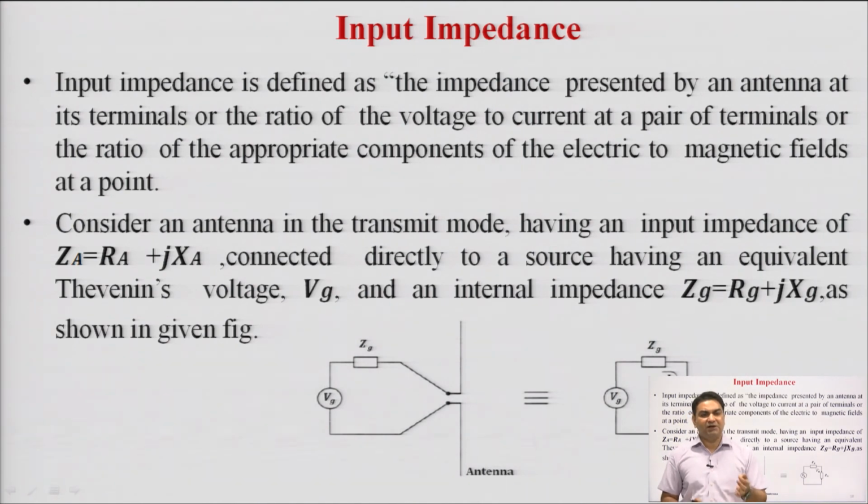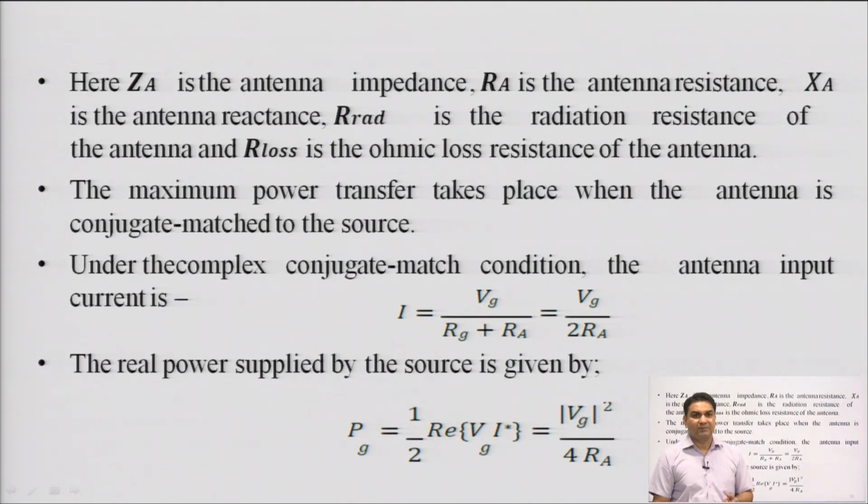Impedance is a factor which is built with two components, a resistive component and a reactive component, and these are given here. ZA, the antenna impedance, is made up of two components: antenna resistance and antenna reactance.